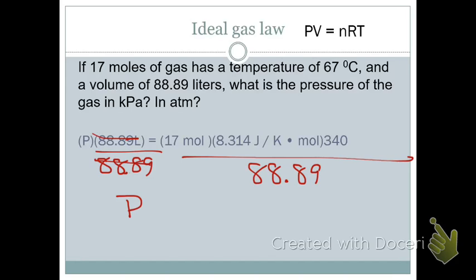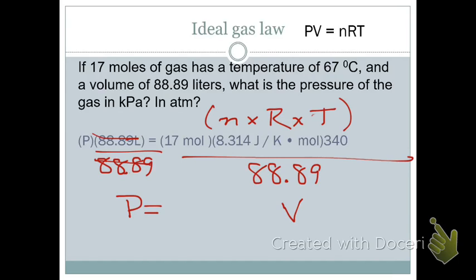So P is going to give me kilopascals. Open parentheses, 17 times 8.314 times 340, which is T, close parentheses, divided by my volume, 88.89.